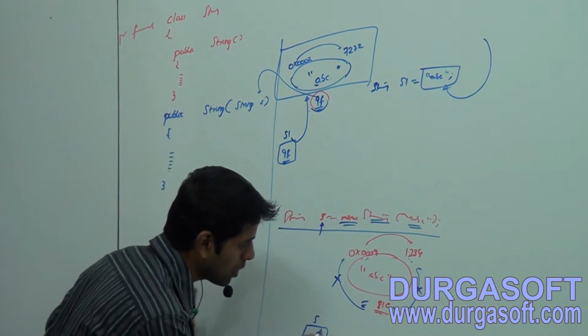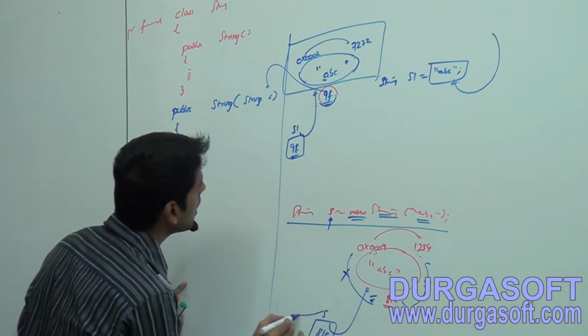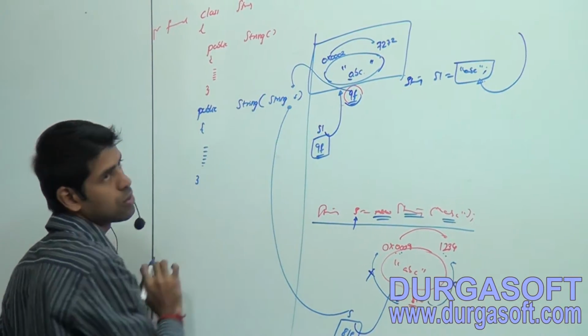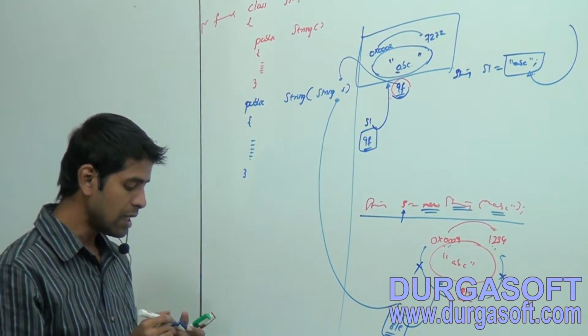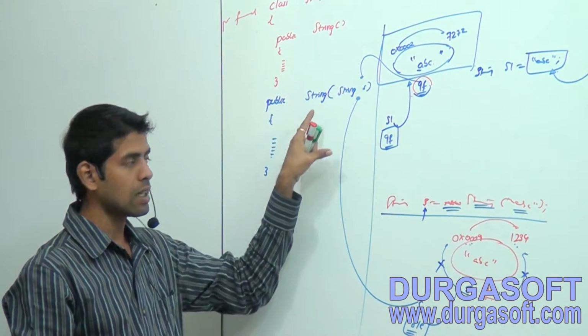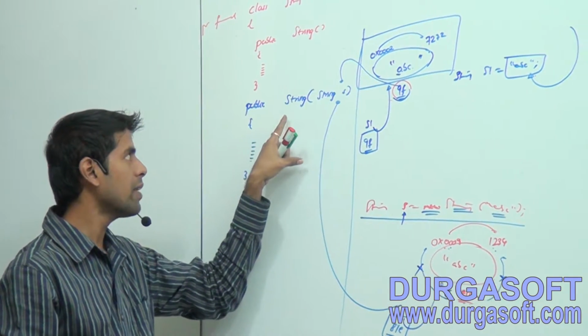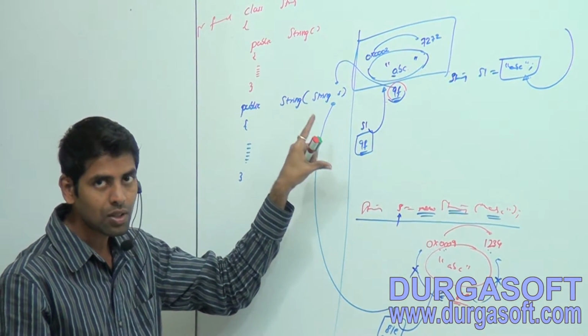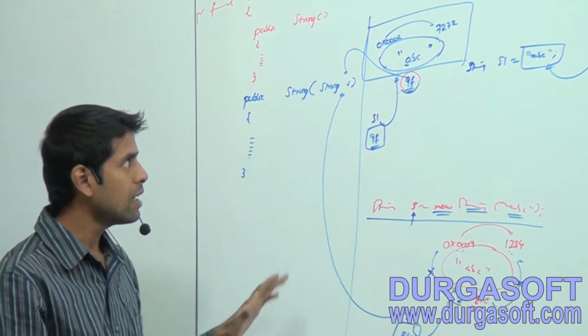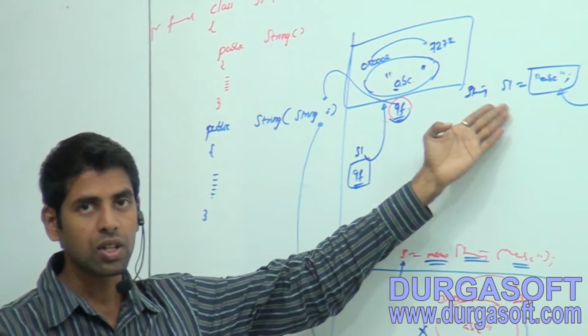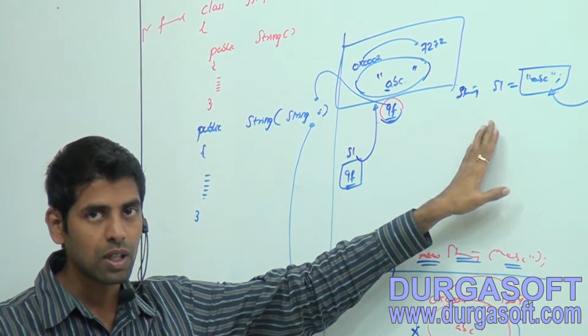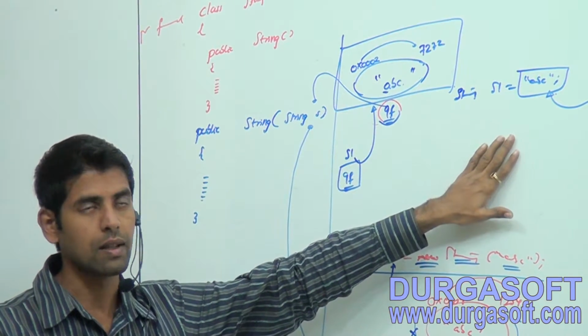Okay, now let me put one arrow mark. Here you can pass even this s also. What is my main intention here? Observe, it is having an argument as what? A string s, and internally I am using a string s1 equals abc.